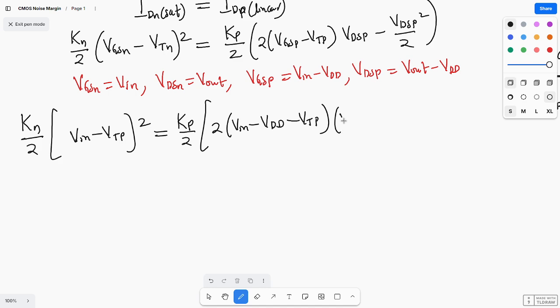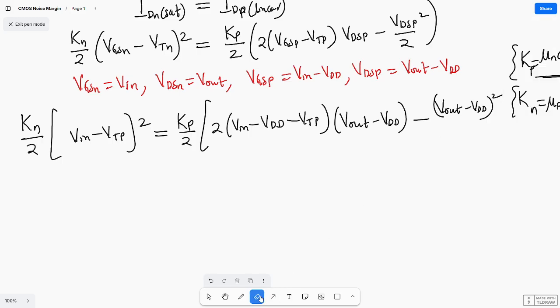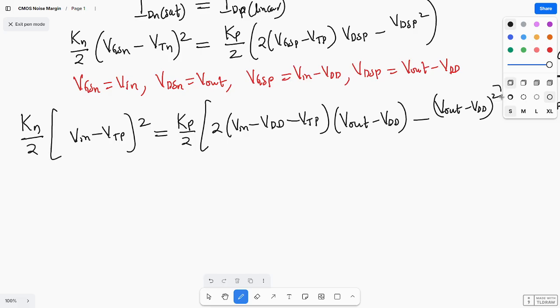VDSP is nothing but Vout minus VDD, minus VDSP whole square, so Vout minus VDD whole square. I think divided by 2 will not be there here, since anyway you multiplied with 2. Yes, so this is the value.